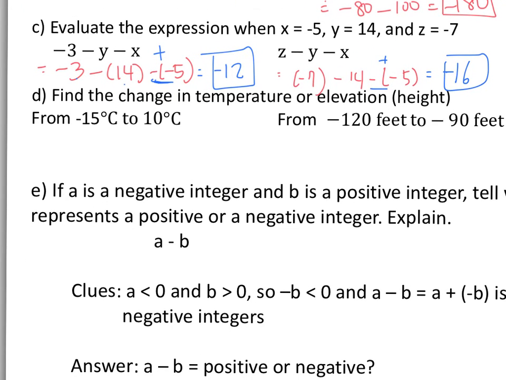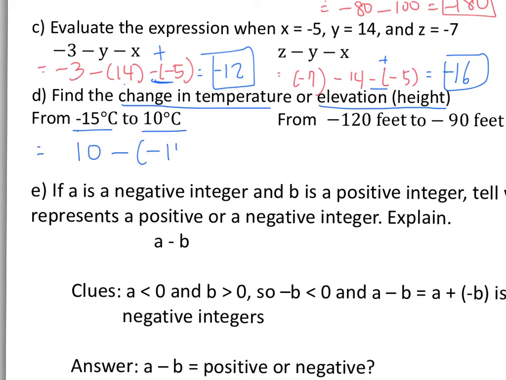Okay, another type of problem that involves subtracting integers is finding the change in temperature or elevation, which means height. So from negative 15 degrees Celsius to 10 degrees Celsius, if you were to find a change in temperature, we take 10 degrees Celsius, the final temperature, and subtract that from the beginning temperature.